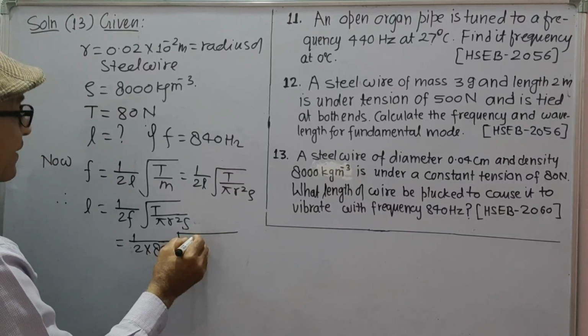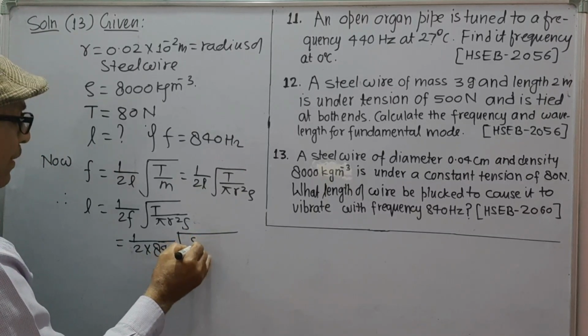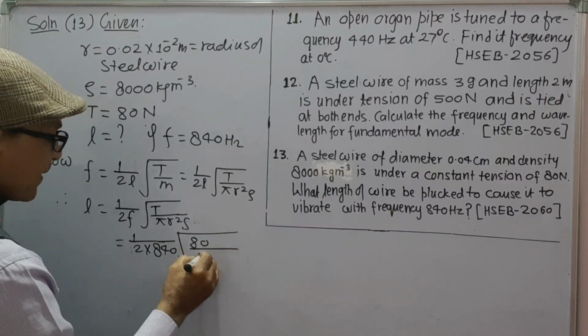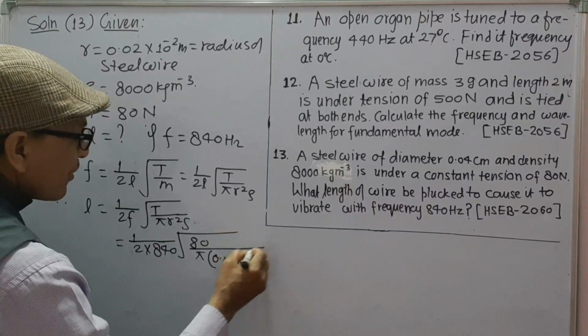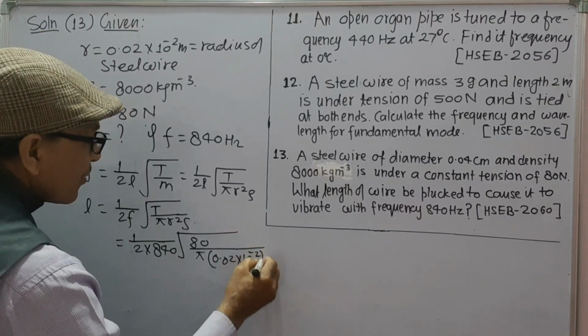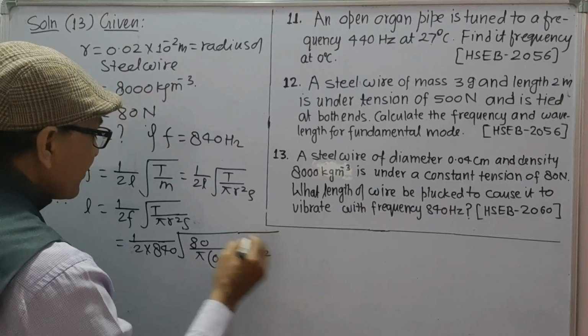T is 80. Pi r is 0.02 into 10 to power minus 2 square into rho.